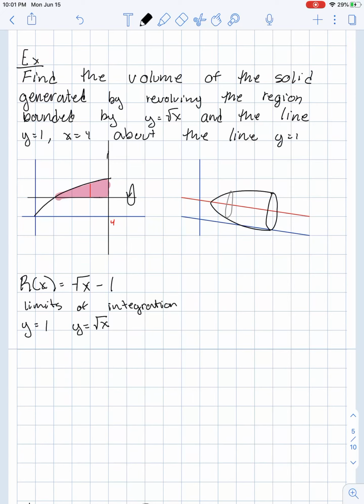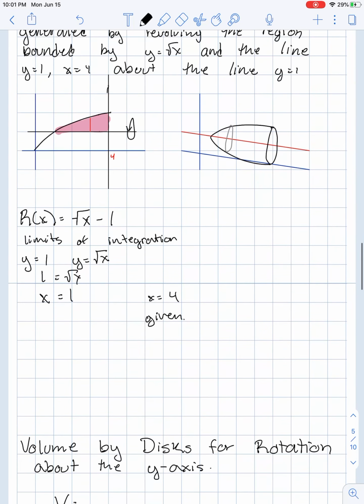All right, and that's obvious when x equals 1. And we actually already know the other limit of integration because we're told that we're finding the volume of the region bounded by x equals 4. So we have x equals 1, found it, and then also x equals 4, and we're given this one.